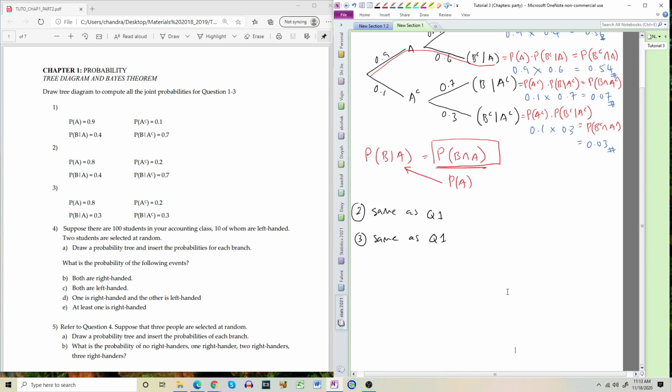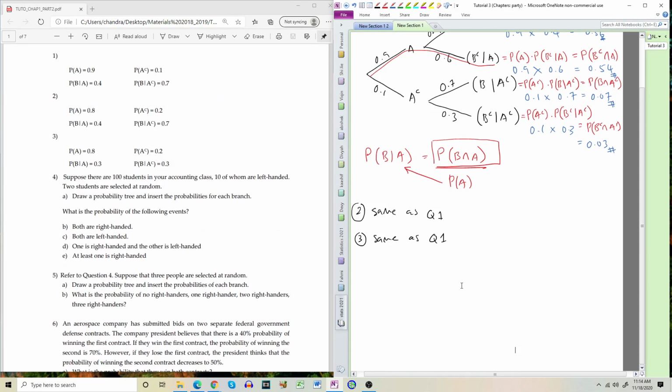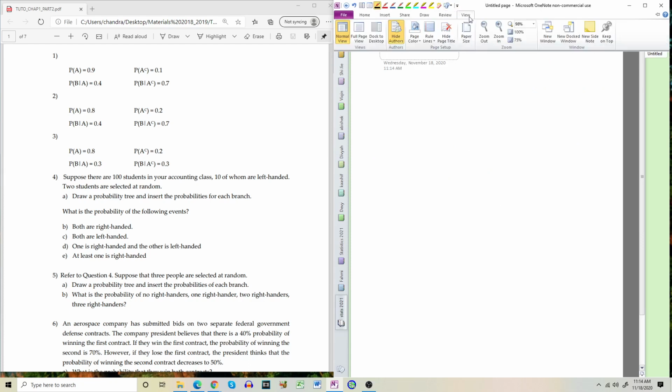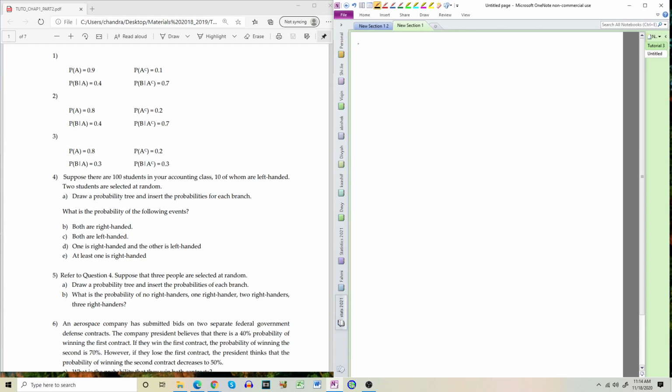For number 4 also, I have given you the tree diagram, but let me see what I can do here. I would like to go to the next page. Suppose there are 100 students in your accounting class, 10 are left-handed.